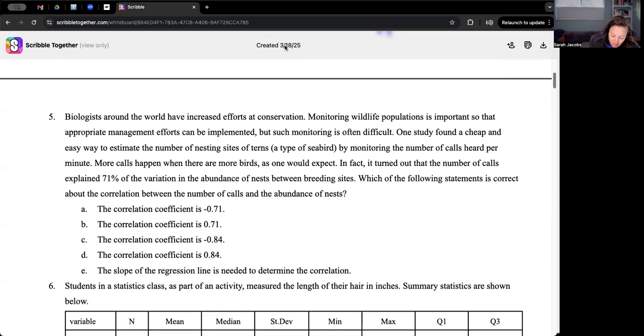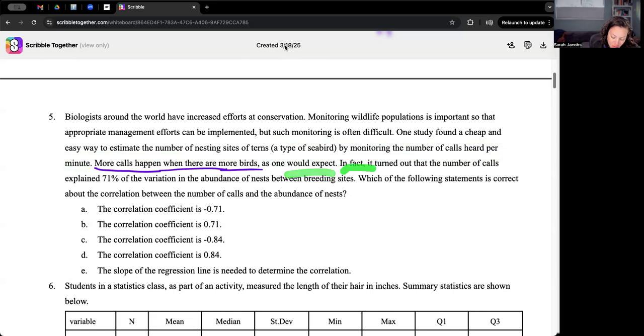Okay. Next up, biologists around the world have increased efforts at conservation. Monitoring wildlife populations is important so that appropriate management efforts can be implemented, but such monitoring is often difficult. One study found a cheap and easy way to estimate the number of nesting sites of terns, a type of seabird, by monitoring the number of calls heard per minute. More calls happen when there are more birds, as one would expect.